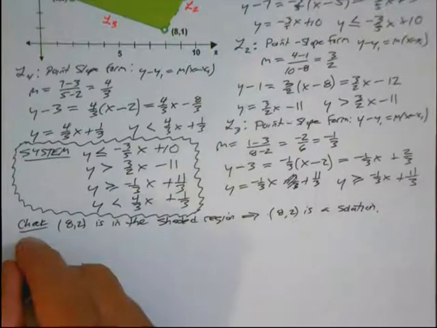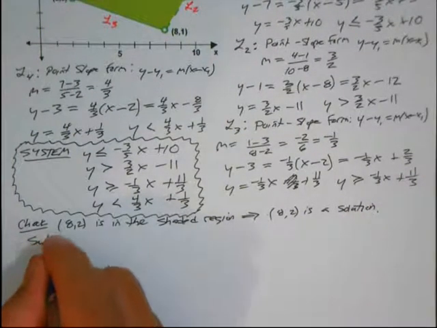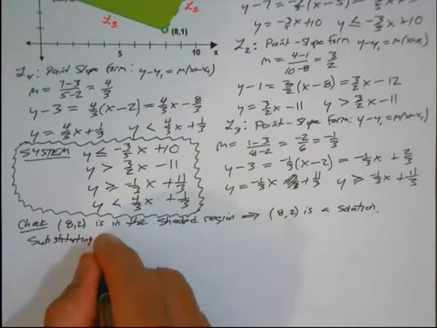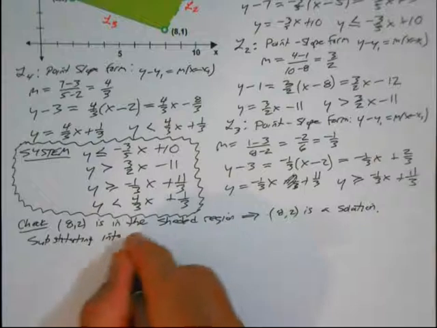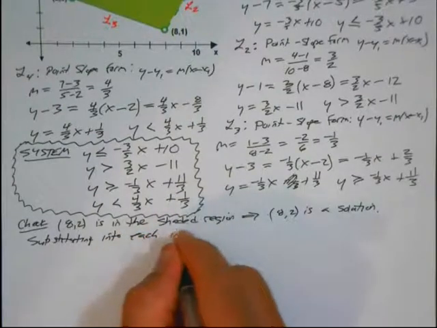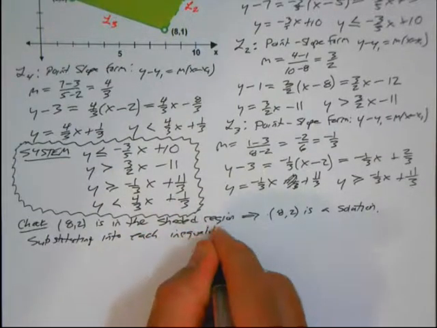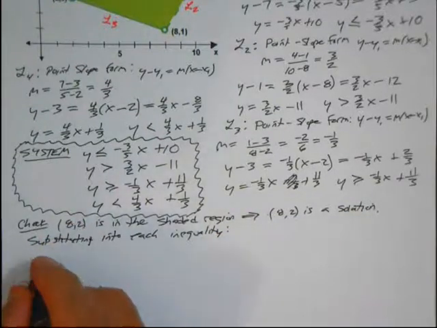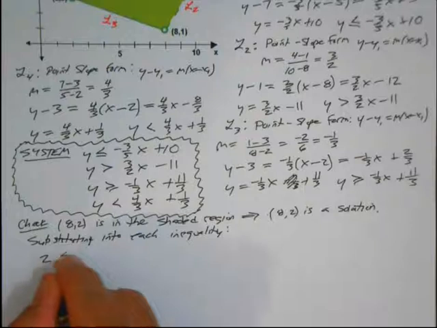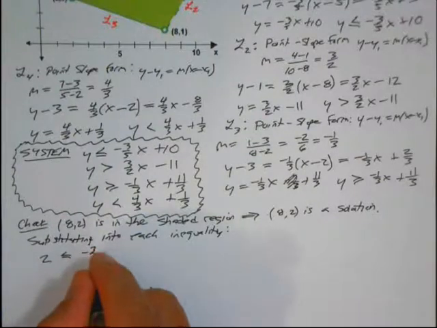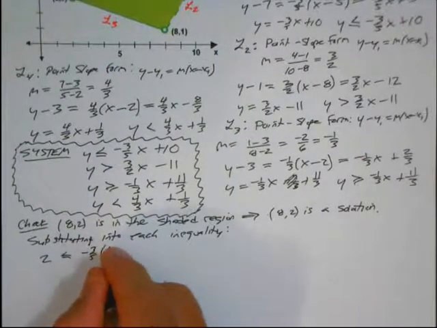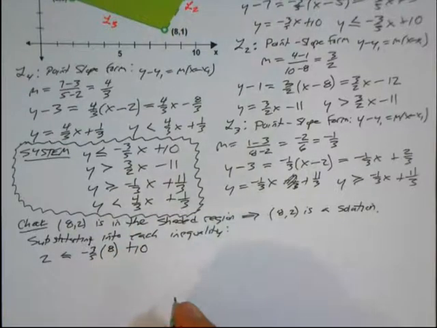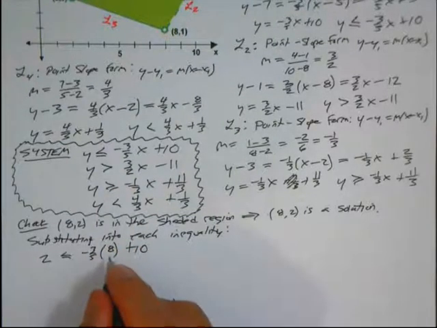Okay, so let's try substituting into each inequality. Let's see what happens here. The first one: 2 is greater than or equal to negative 3/5 times x, with x being 8, plus 10. Let's see if we can do this with mental arithmetic.